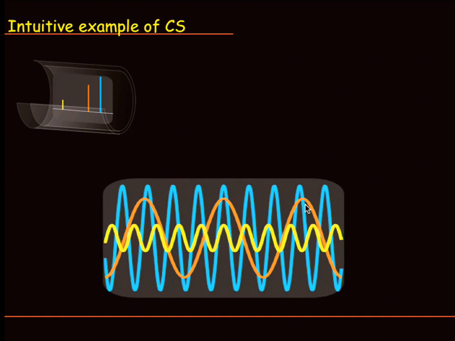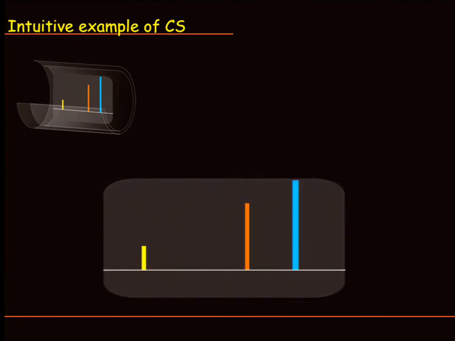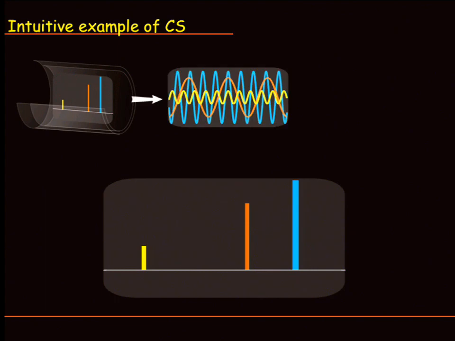Okay? So this has a sparse spectrum. So what if I measure that signal in time? At what rate do I need to sample the signal in order to be able to recover this?